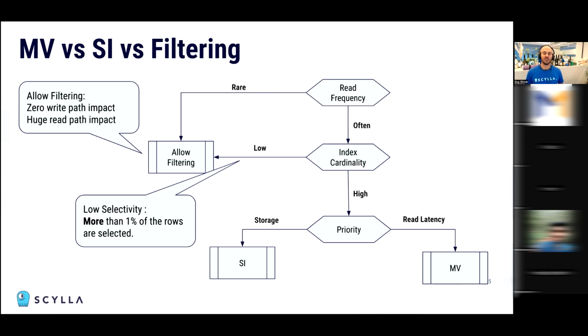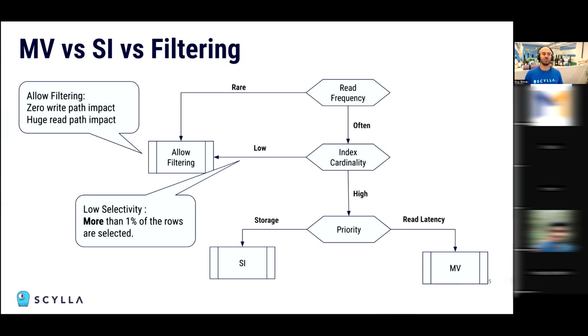Why? Because if I have a query that is going to return a high percentage of my data, say 10, 20, 30% of the rows in the database, then it does make sense to use allow filtering, right? Because anyway, we're going to be scanning to return a lot of those rows. So if we're returning a high percentage of the rows, it might make sense to use allow filtering.